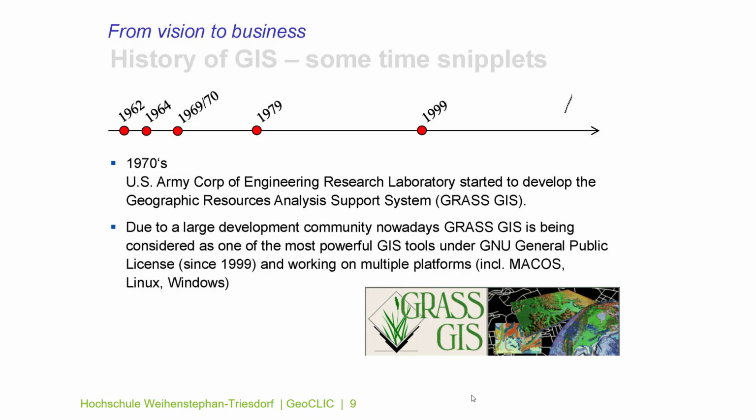Soon after, the US Army was also developing their own GIS, GRASS GIS, which was the origin for an open source GIS. And today's very popular open source GIS, QGIS, goes back to GRASS GIS. So that's actually the main competitor today.